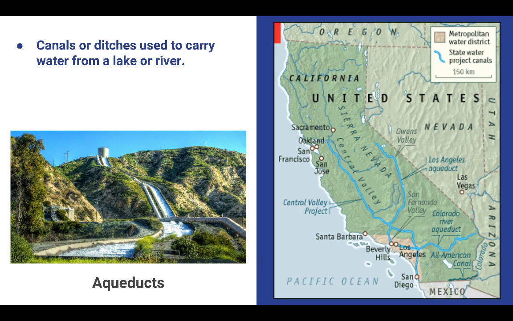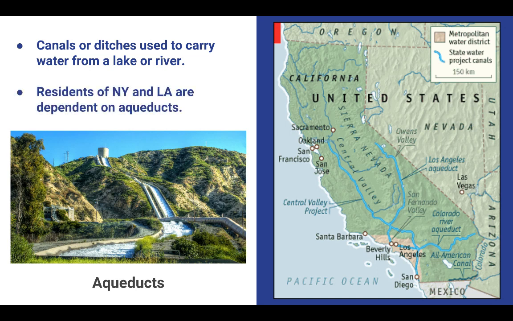Unfortunately, what's going on though is the aqueducts being used today, as you can see in this picture in California, have been around for a long time and they're still in use. And 55% of the water in those aqueducts is either lost through evaporation or leakage. So here you have all this water coming to LA and 55% isn't even making it.